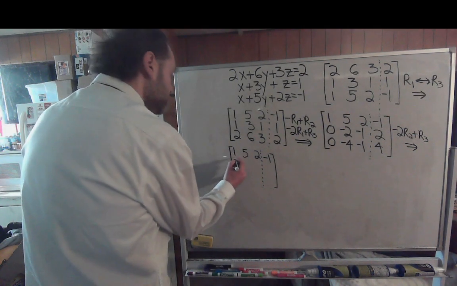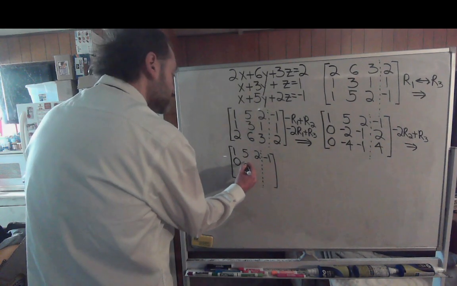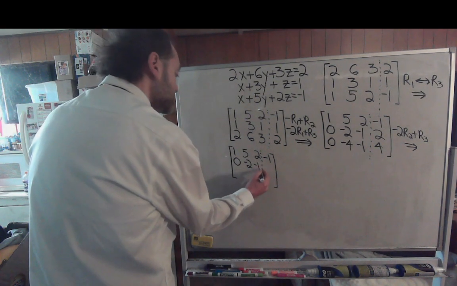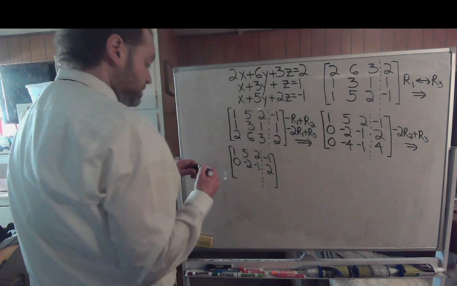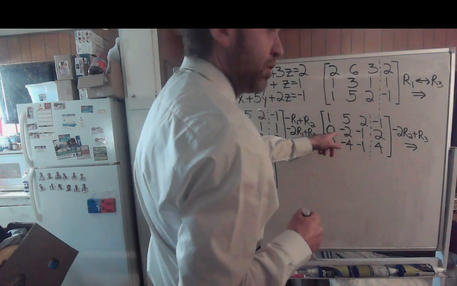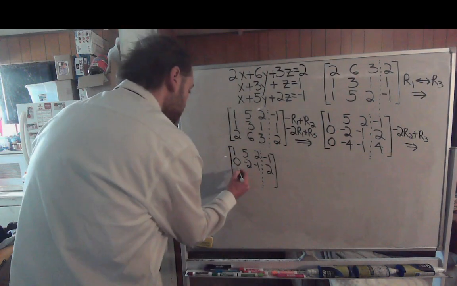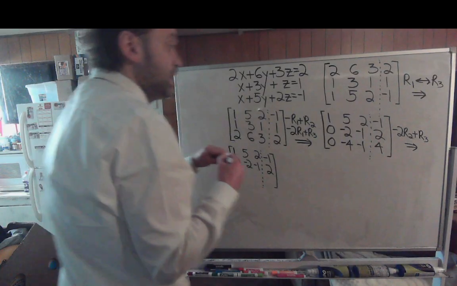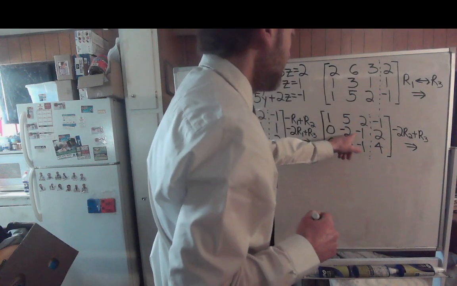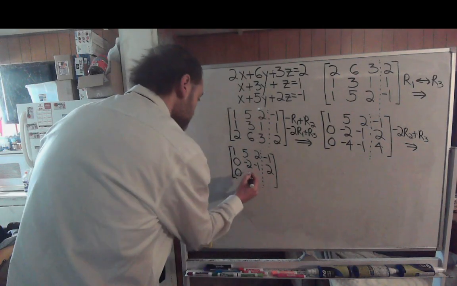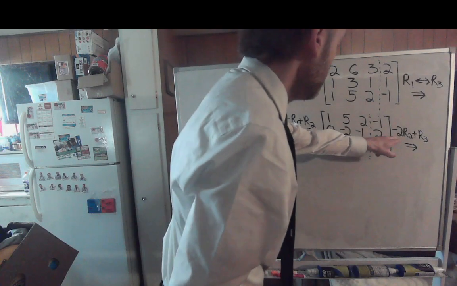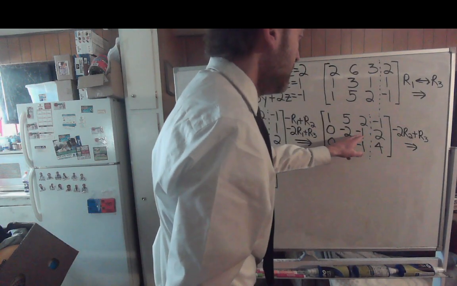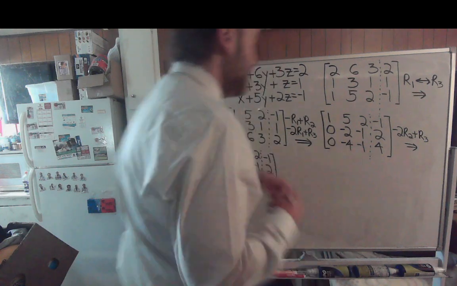Alright, so then let's see. Row 2 is being left alone for this one at least. Alright. So let's see. -2 times 0 is 0, plus 0 is still 0. -2 times -2 is +4, minus 4 is also 0. Alright, -2 times -1 is +2, minus 1 is 1.